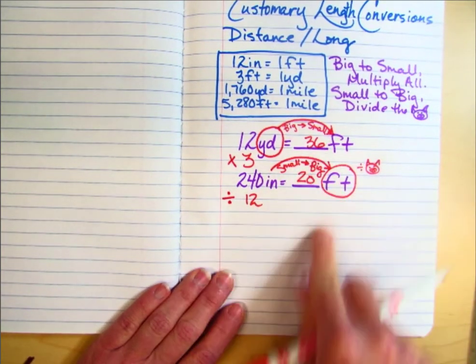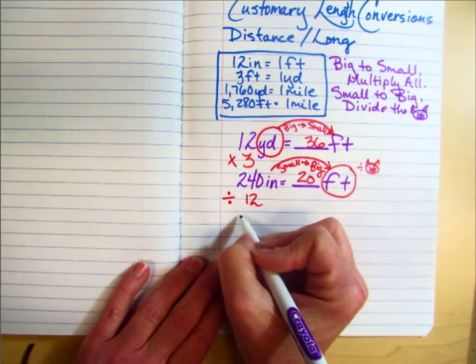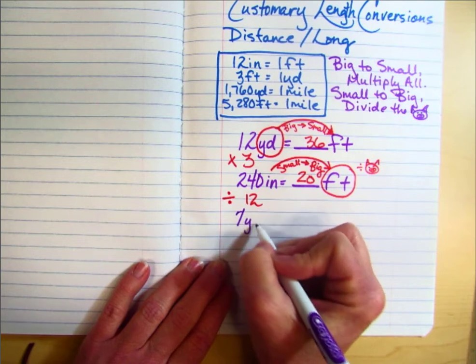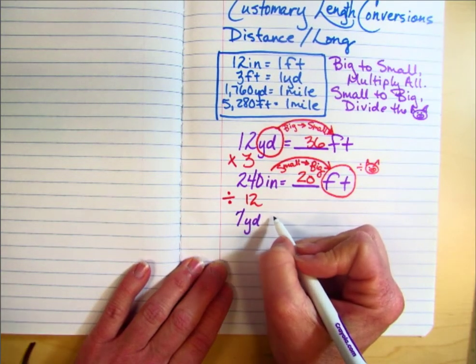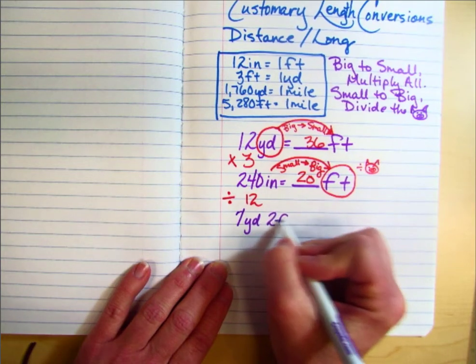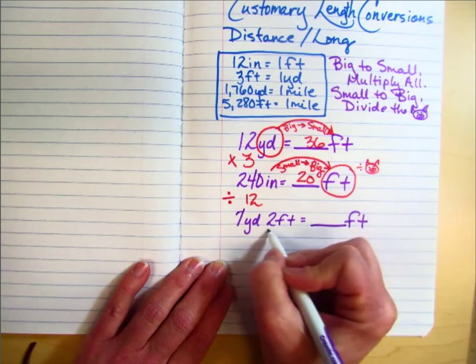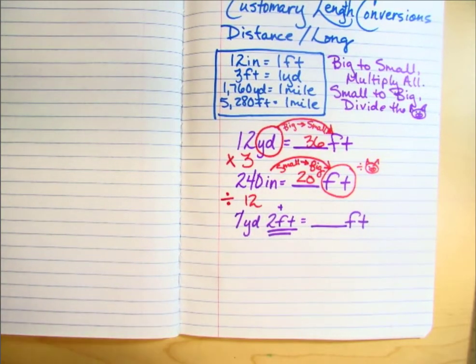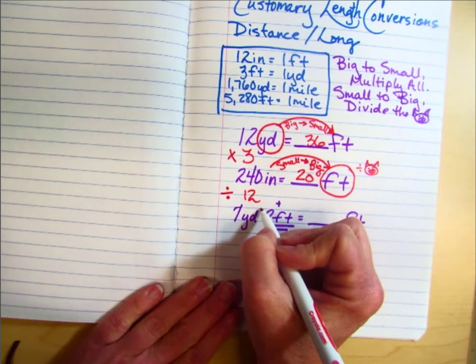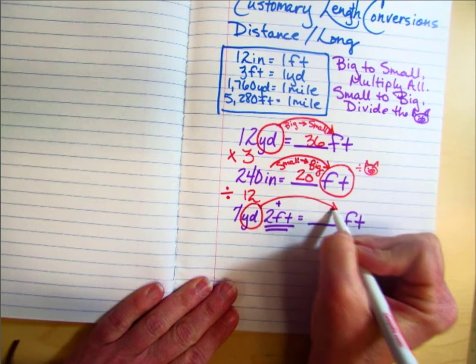So this is something that you've done in 4th grade that's coming back, and sometimes we're going to have mixed conversions. So if I have 7 yards and 2 feet, and I want to change them all into feet, I'm going to save this 2 feet and just add it at the end and focus on the yards. So I'm going big to small.